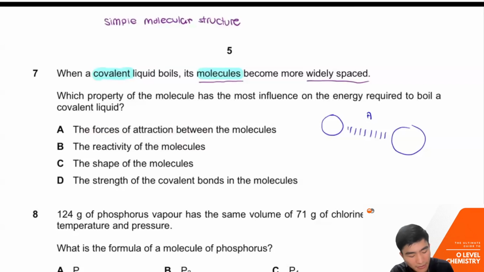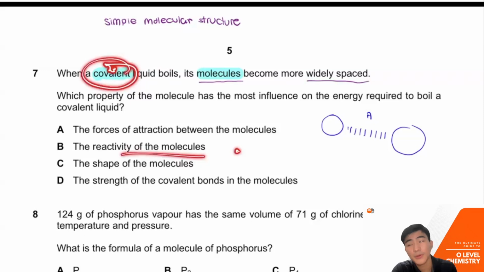Option B, the reactivity of the molecule. When I see option B, immediately it's out already. Why? Because it is a covalent substance, and for covalent substances we never talk about reactivity. Reactivity of the molecule is when, let's say, I have two substances put together, either an acid-base or a combustion reaction.